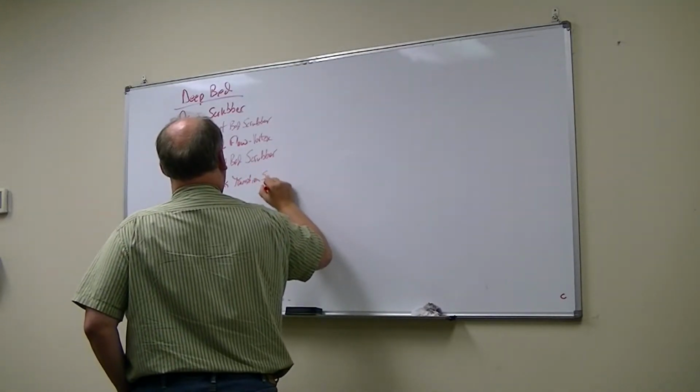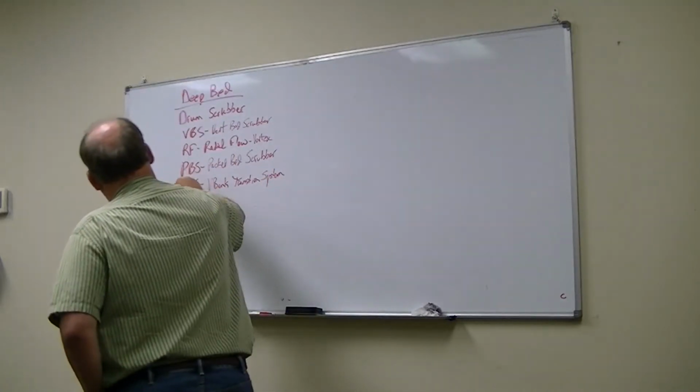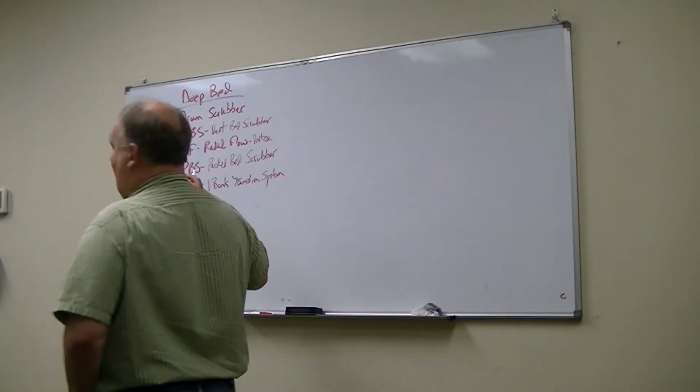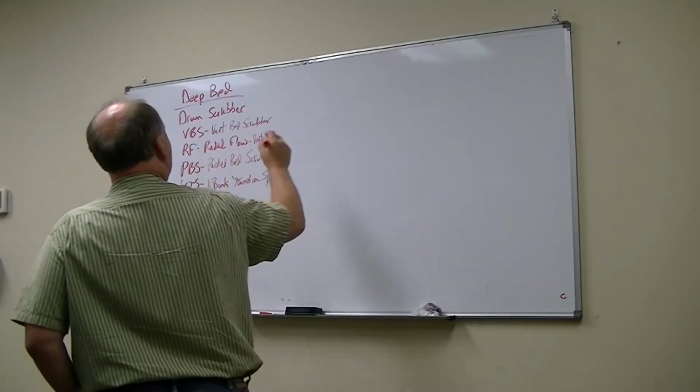I don't know if it's system or scrubber. I think it's system. Okay, VTS and V. I'm not missing any deep beds there, right? I don't think so. VTS, right?